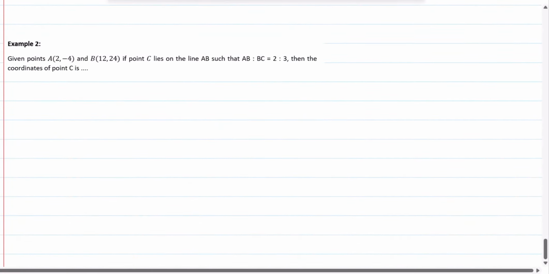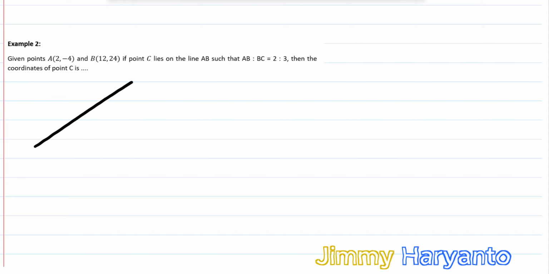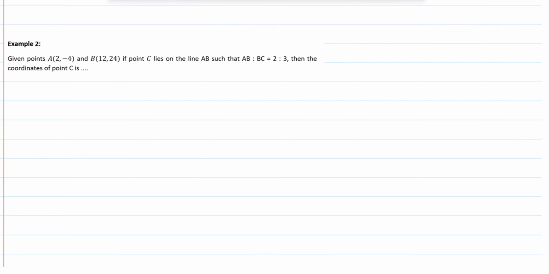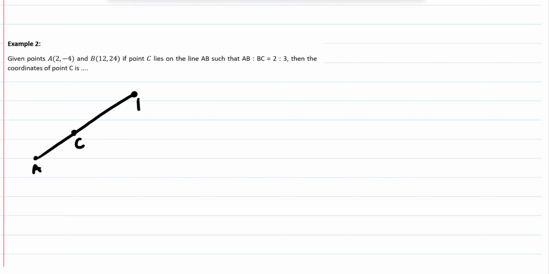Let's say we have point A 2, negative 4, B 12, 24, point C lies on the line AB. To do this, we can use the previous lesson, which is collinear points, but in this question I want to give you easier methods. So C lies on the line AB like this.